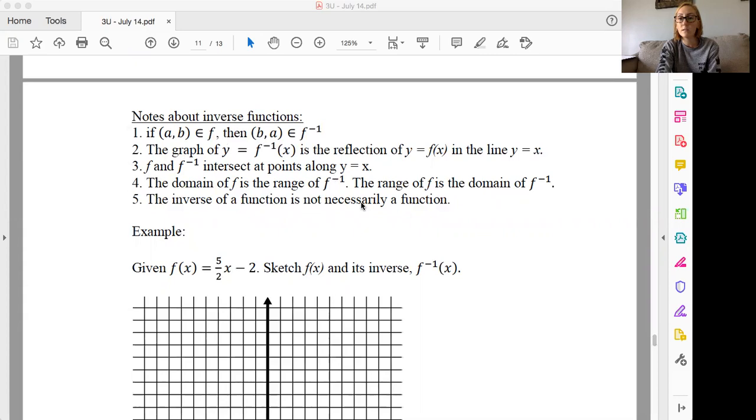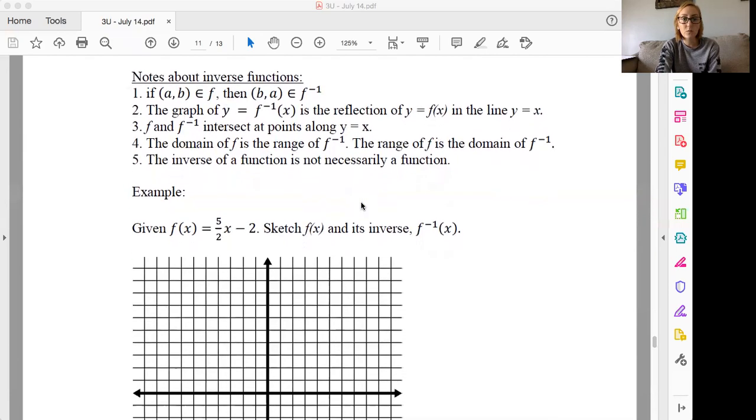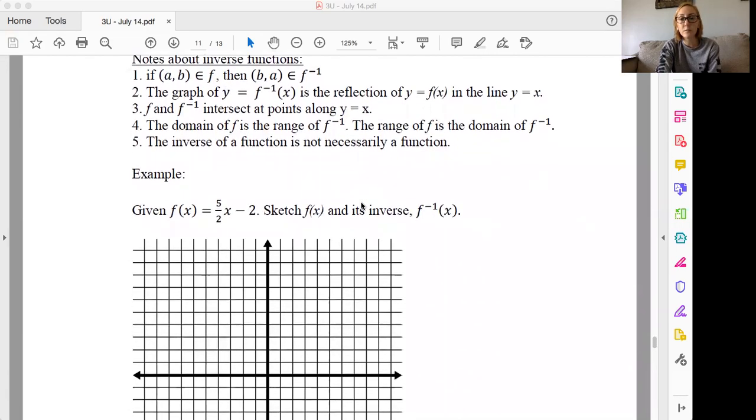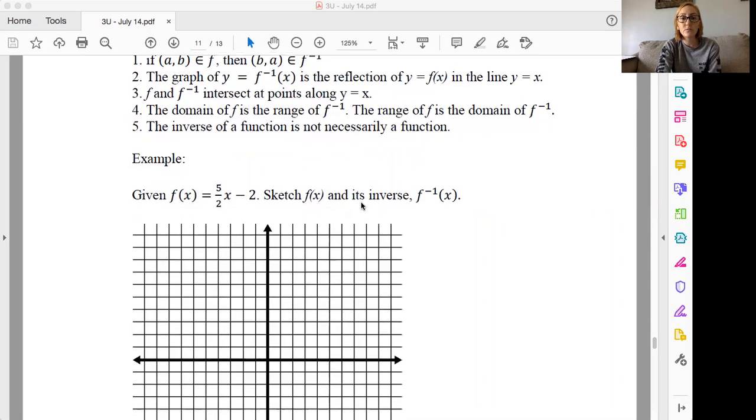So it's always going to intersect or touch each other on that line. The domain becomes the range and the range becomes the domain. The inverse function is not necessarily a function.